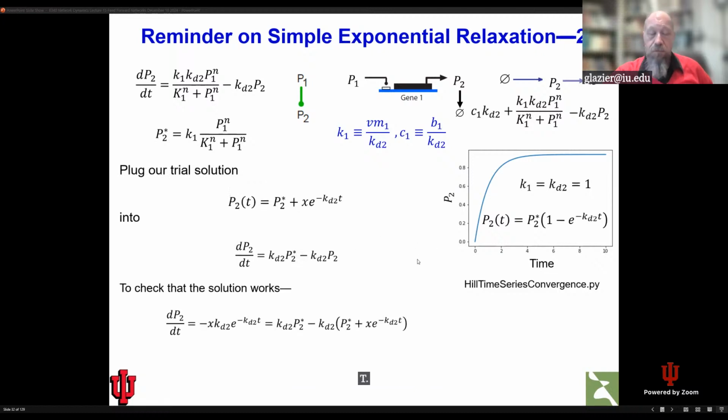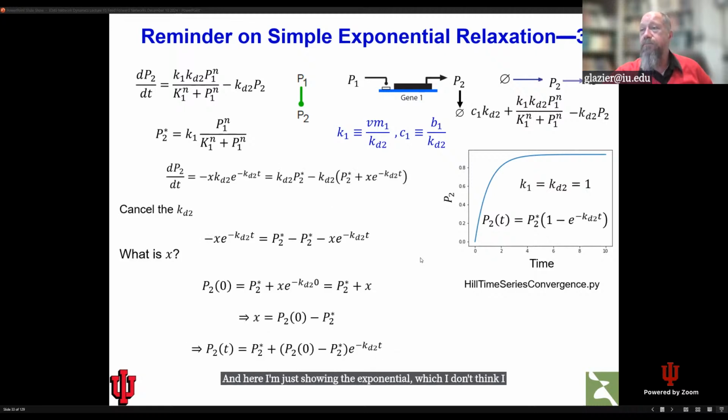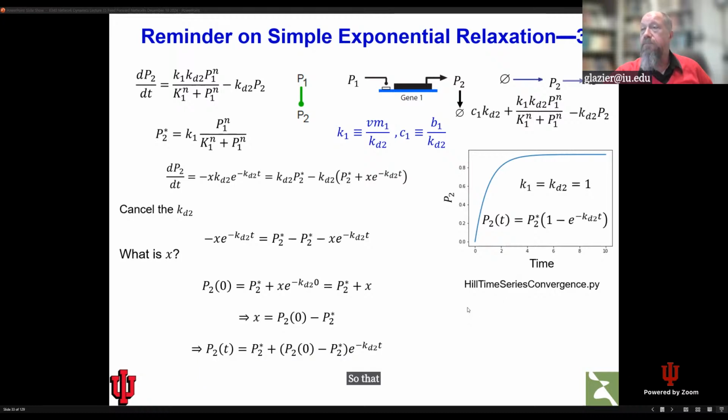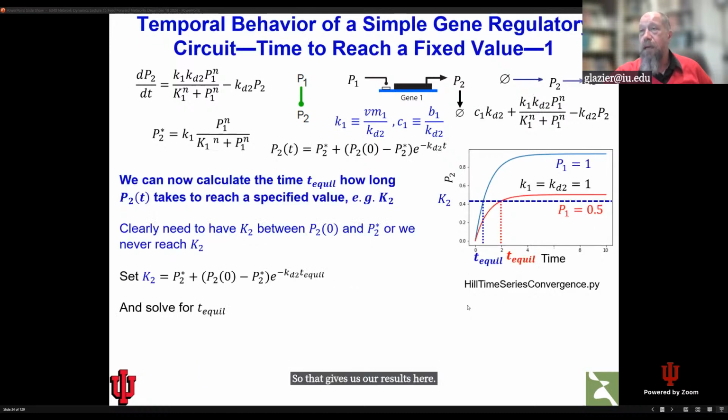And here I'm just showing the exponential, which I don't think I need to show for you. So that gives us our result here. And now we can ask a slightly different question: we want to know when the value of P2 crosses K2. When does the second part of our circuit turn on or off in response to the first part?